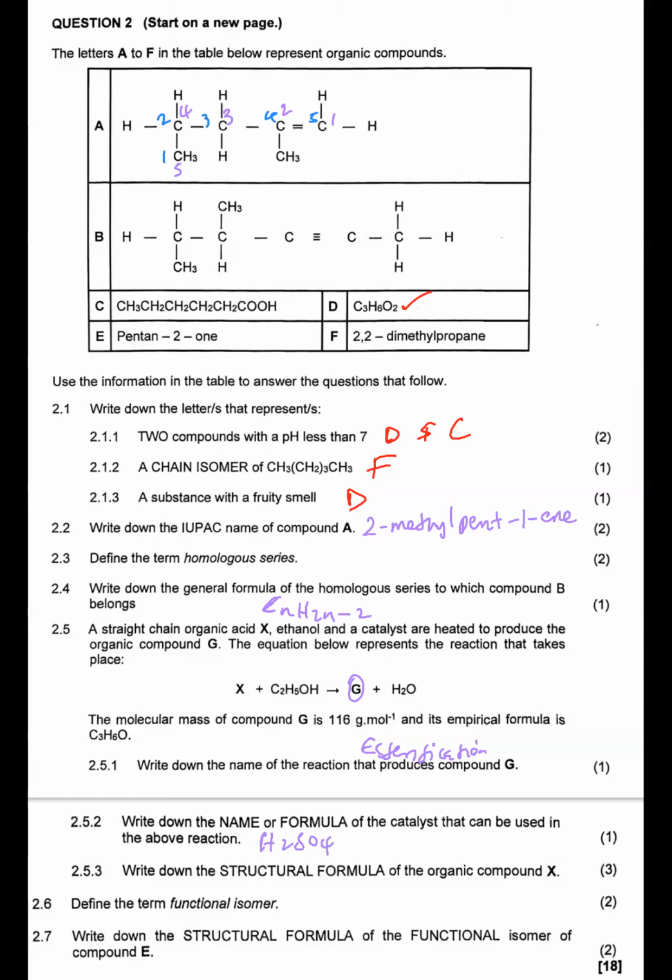The structural formula of organic compound X. Its empirical formula is C3H6O. Then that is C6H12O2. If that is the empirical formula, at least we must have 2.